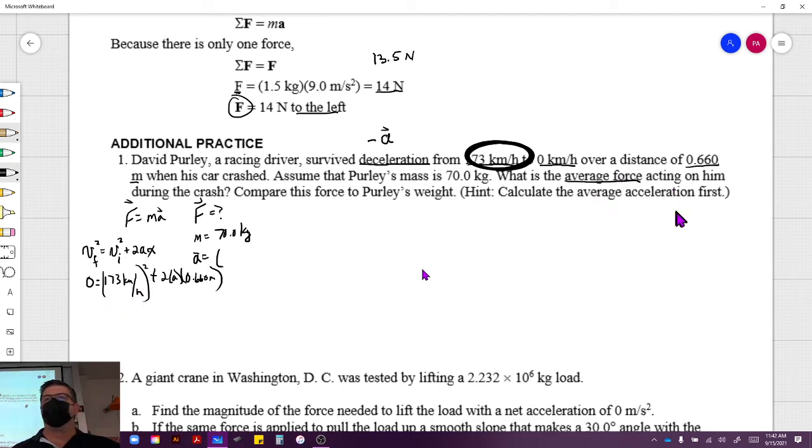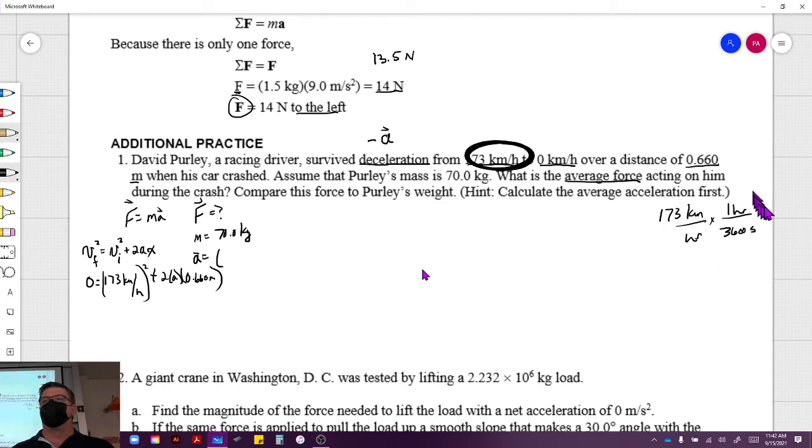So, 173 kilometers per hour, where 1 hour is 3,600 seconds, right? 60 minutes in an hour, 60 seconds in a minute, 3,600.